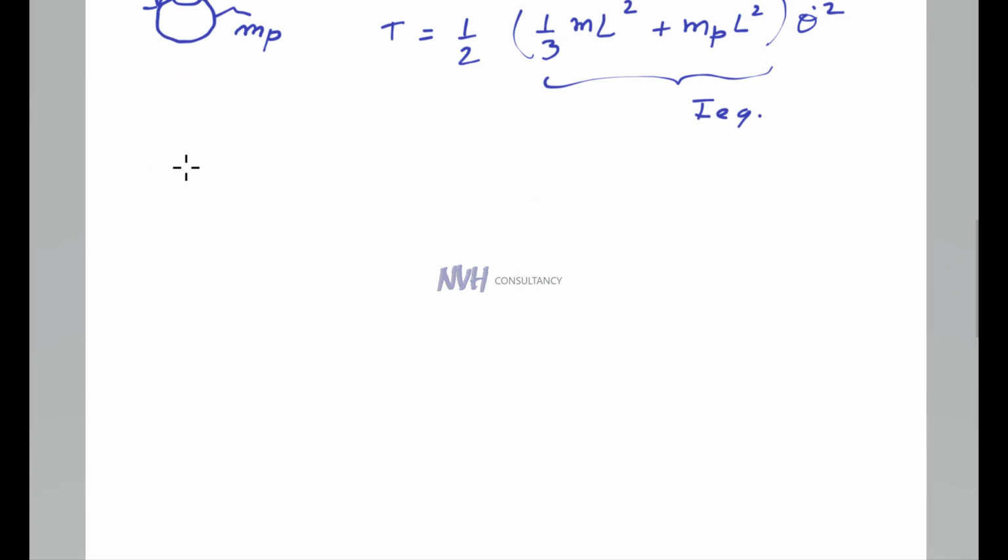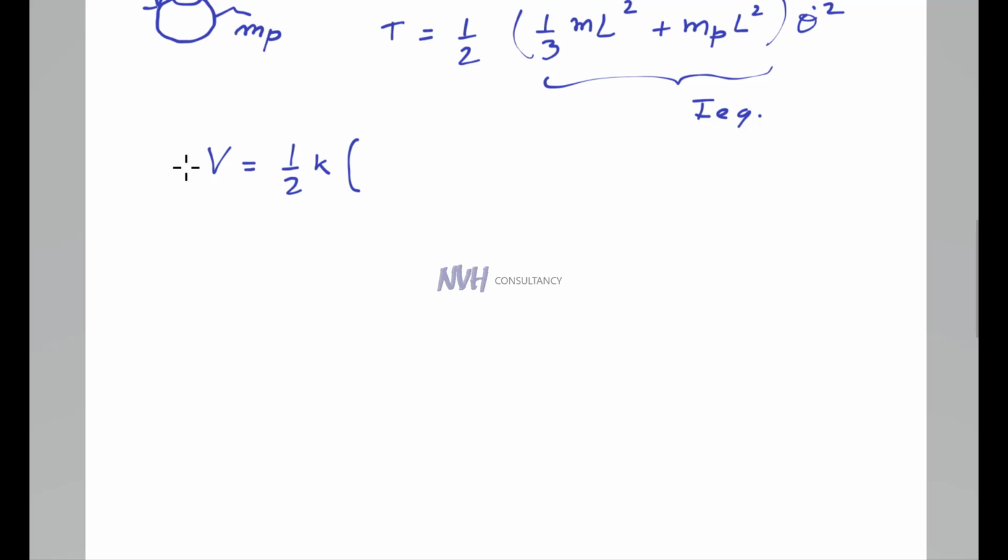So to do that, let's first derive the equation for potential energy. You know that there is a spring attached, so that spring will store the energy in the system. So let's say that is half kx square for the spring.